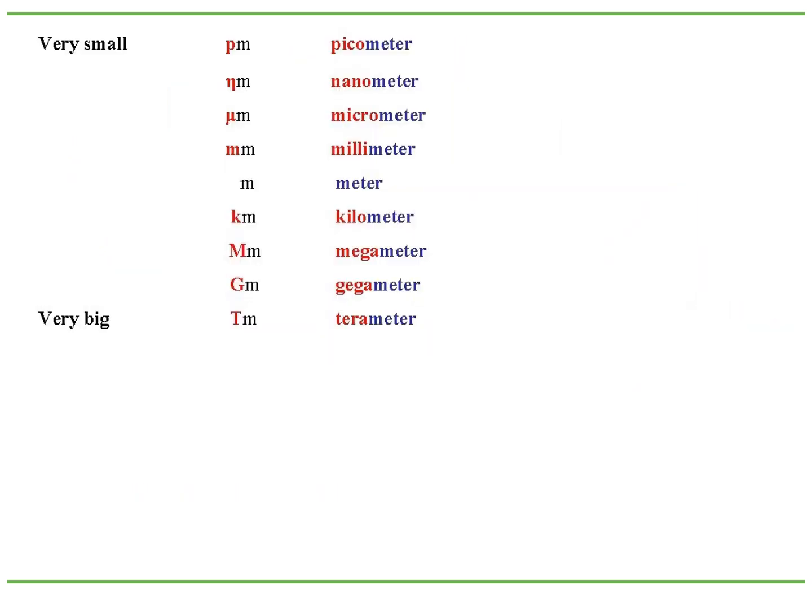So here there is a scale of all the measurements that we use that maybe you remember from physics in high school. The ones that you need to remember are these three. Nanometers, that is 10 raised to the power of -9.